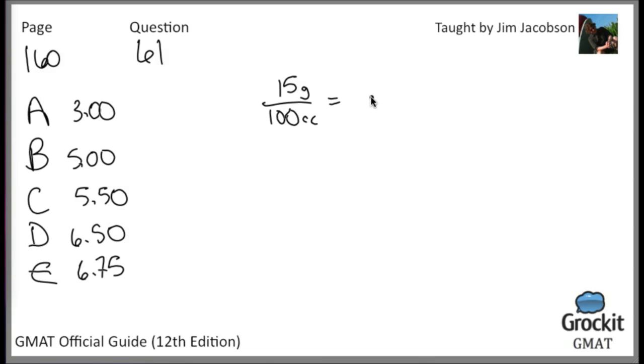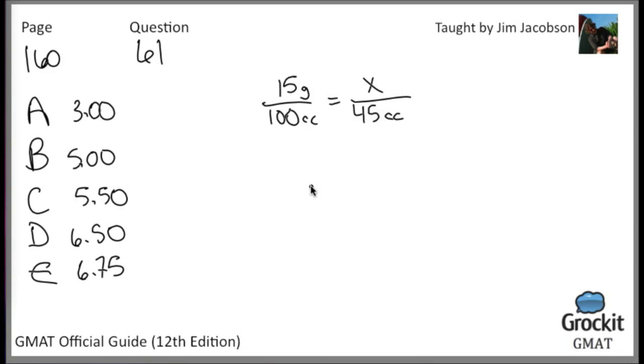And then we have 45 cc's of solution over here, and we don't actually know how many grams are in there. But really this just ends up being an algebra problem. We end up cross-multiplying and solving for x.